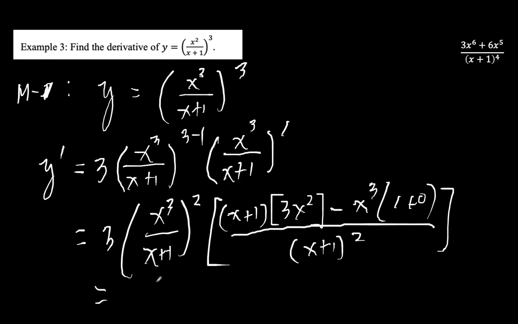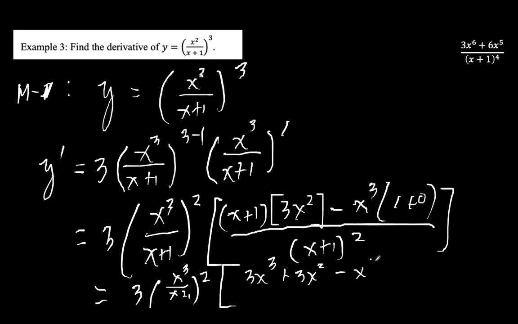Let's simplify. So x cubed over x plus 1 squared. And this becomes 3x cubed plus 3x squared minus x cubed all over x plus 1 squared.